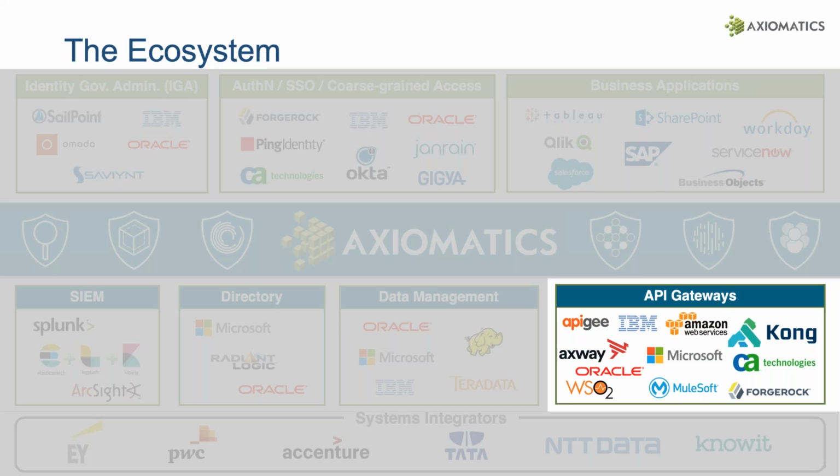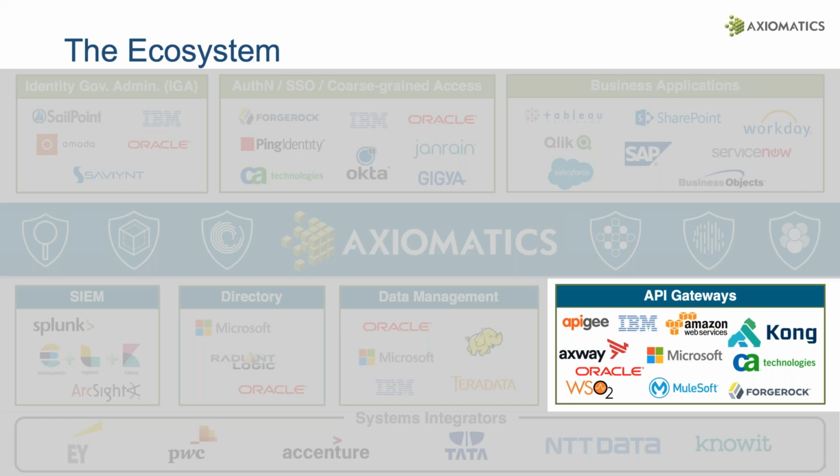Although the concept is the same for all of them, it's slightly different in the way the integration has to happen. Some API gateways have capabilities to handle what we want to do out of the box. Some require a little bit of coding. It's usually not that complicated to achieve anyway. But the bottom line is that the principle is the same.